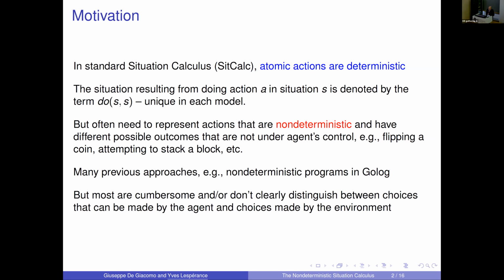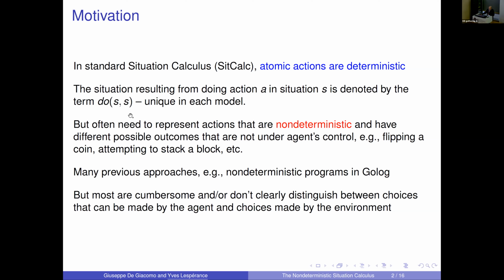The situation that results from doing an action is denoted by a term, actually this should be do(a, s), and this denotes a unique situation in each model. So you can see that the way the situation calculus is set up is really made for determinism.